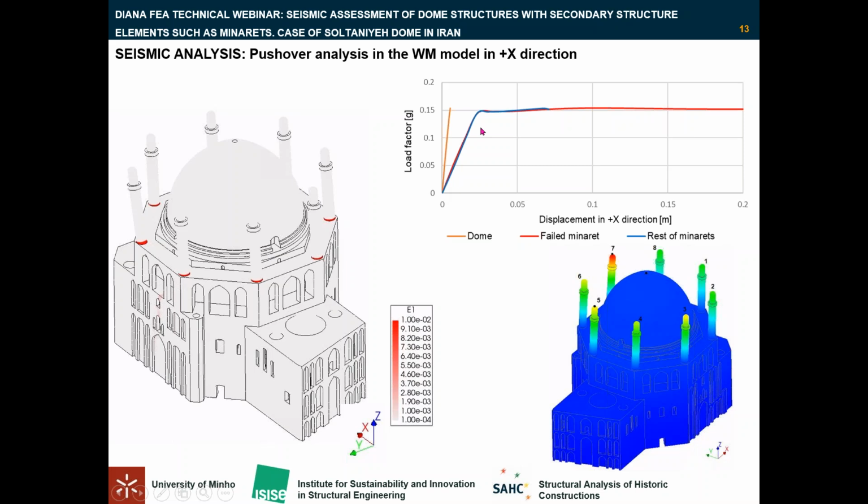Minaret number 7 experiences more than 20 centimeters of displacement, which you can see with the red line. And the rest of the minarets experience about 7 centimeters of displacement.